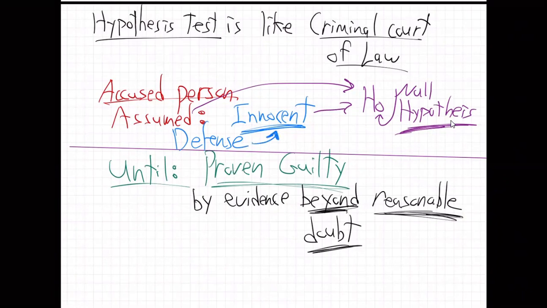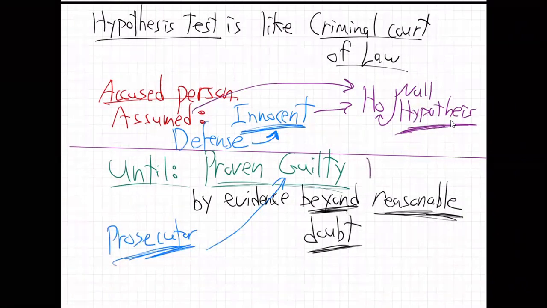You assume the defense team is right, but then the prosecutor, the DA, tries to prove guilty. The prosecutor tries to prove guilty. The defense tries to prove innocent. They are in conflict with each other, arguing back and forth. Well, that's H1. That's called the alternative hypothesis, H1.